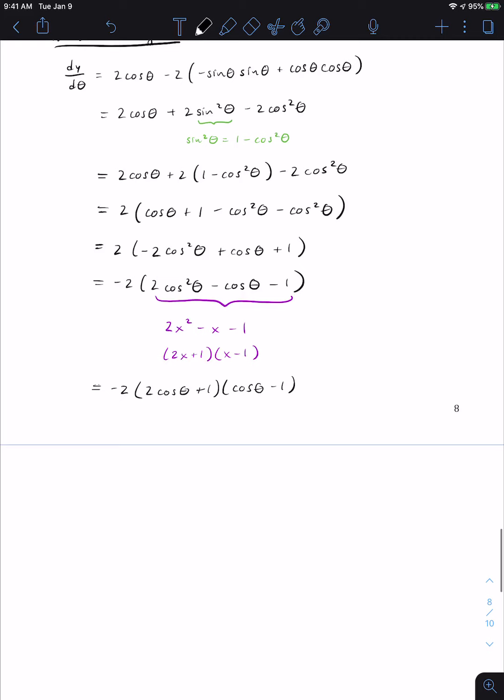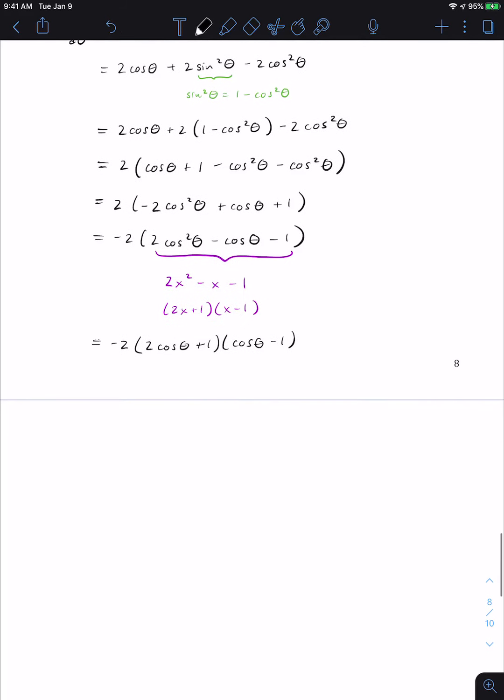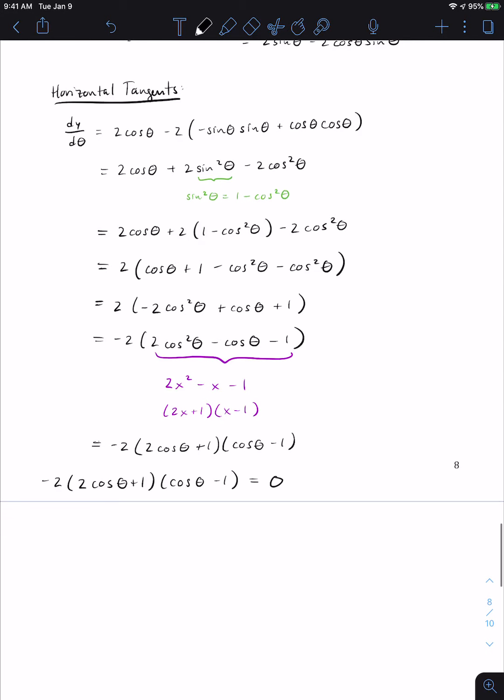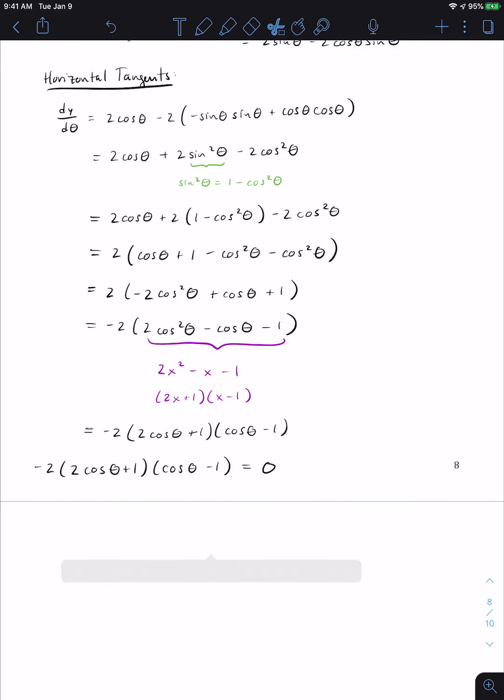Okay, and I was doing all that factoring of my derivative because now I'm going to set it equal to 0. I want my derivative, which is minus 2 times 2 cosine of theta plus 1 times cosine of theta minus 1, equal to 0, because I was trying to figure out my horizontal tangents, where that derivative equals 0, right?